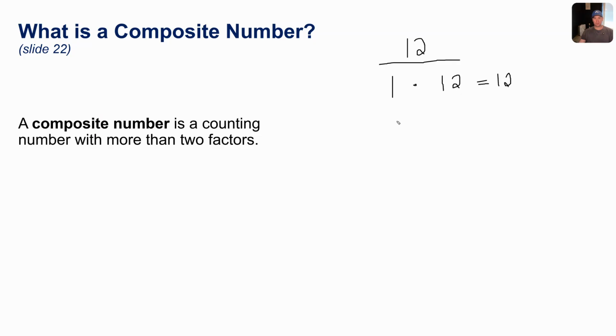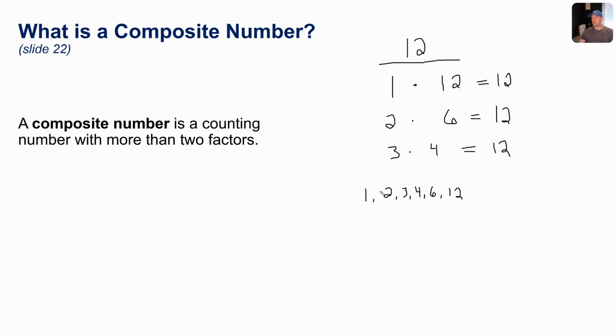It includes 2 times 6, which is equal to 12. And it includes 3 times 4, which is equal to 12. So the factors of 12 are 1, 2, 3, 4, 6, and 12. In other words, it has a total of 6 factors.